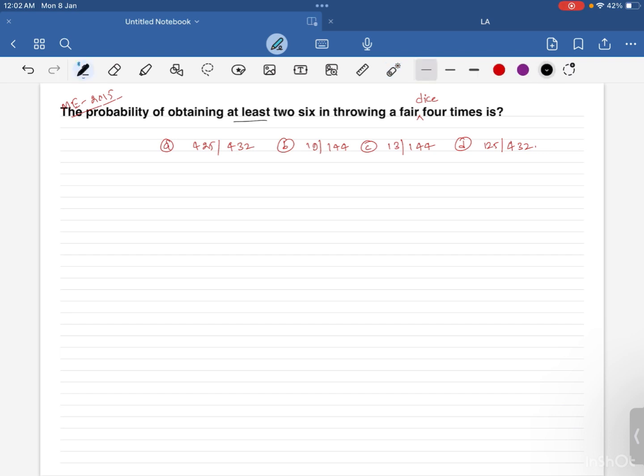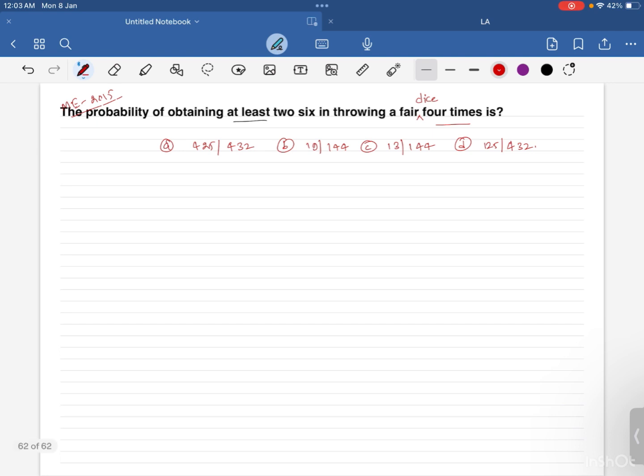So this kind of probability can be described by the binomial distribution, right? Because either we will be successful or we will fail. If we are throwing a dice 4 times, either we will get a 6 or we will not get a 6.